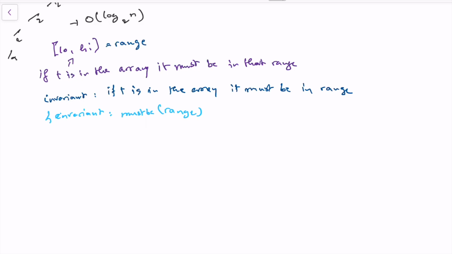We will initialize, of course, our lower and higher values. So for example, in the array case, that would be 0 and n minus 1. And then we would start our loop, which stops when the range is empty.